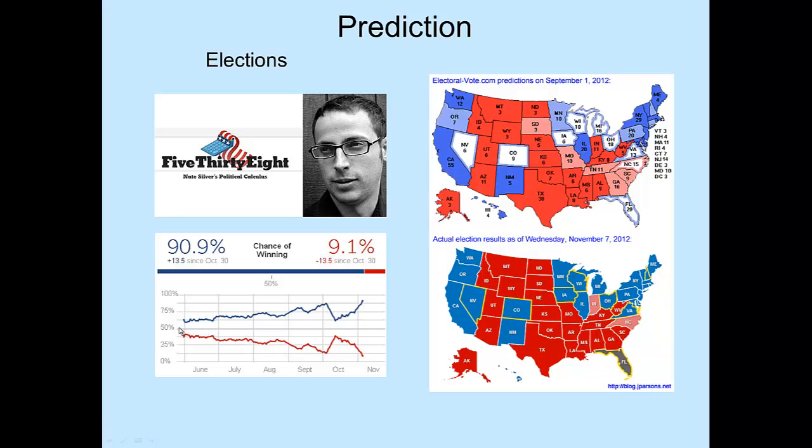As you can see from June onwards, if he had to choose, he would have said Obama is going to win. But across these different time periods, the chances that he would give Obama winning changed quite a lot. In this particular event right here, there was a first presidential debate, and Romney did very well, Obama did very poorly, and so the chances of Obama winning went way down, even though he never had a lower chance of winning than Romney.